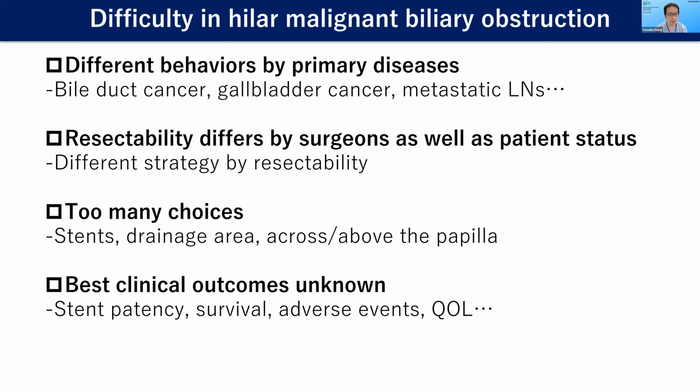There are so many studies performed for higher malignant biliary strictures, and they are very focused on stent patency. But as I will discuss later, recently patients survive longer, so we have to think about longer clinical outcomes.